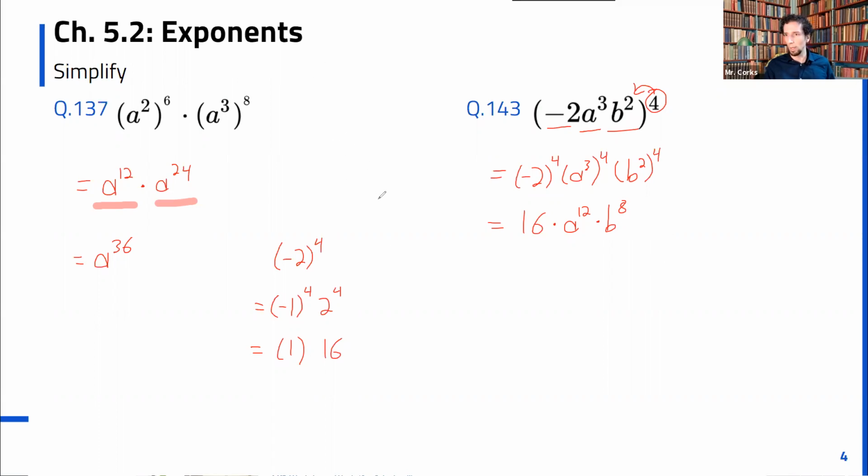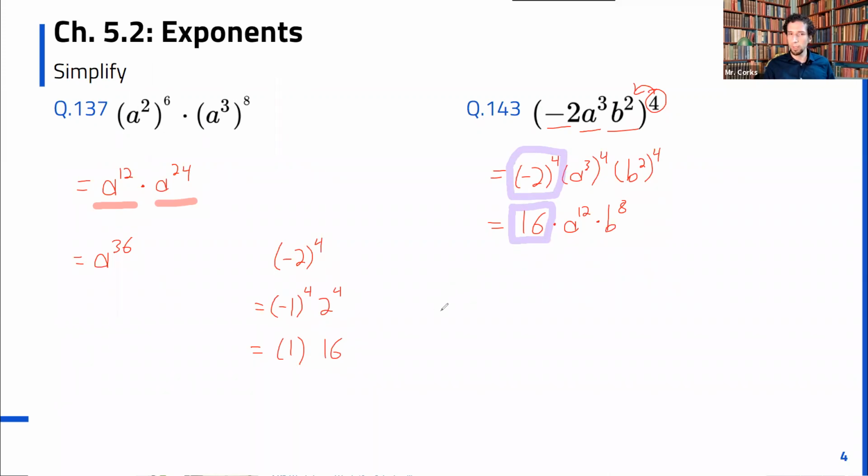Professor, I didn't understand -2 exponent 4. Which part? How did the result come 16? You multiply 4 in 4 or multiply 2 4 times?